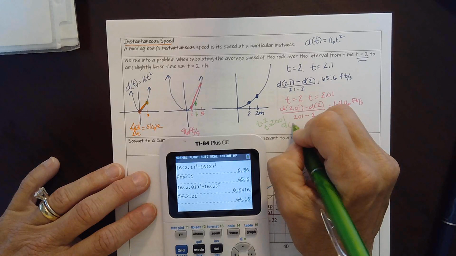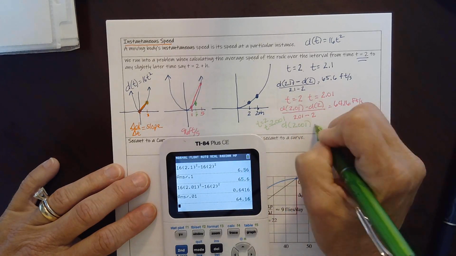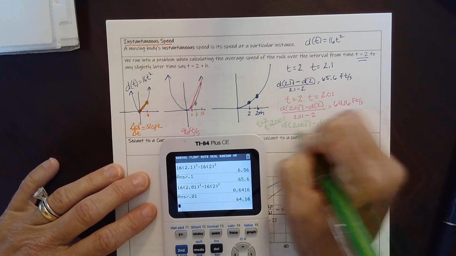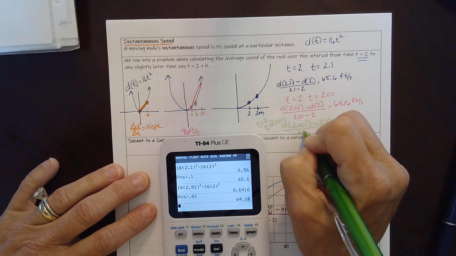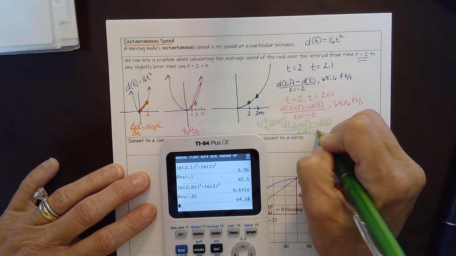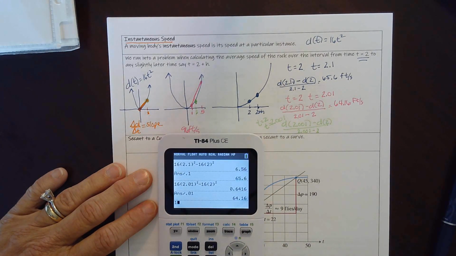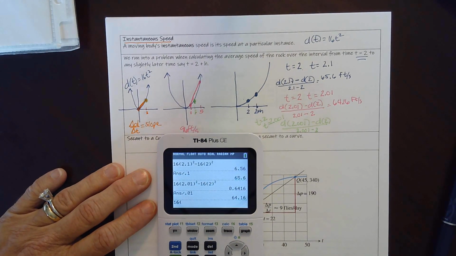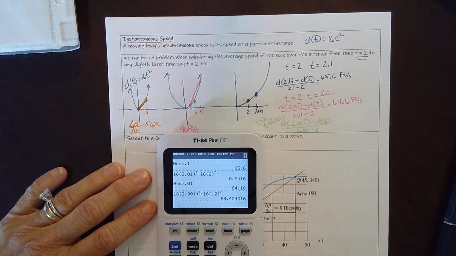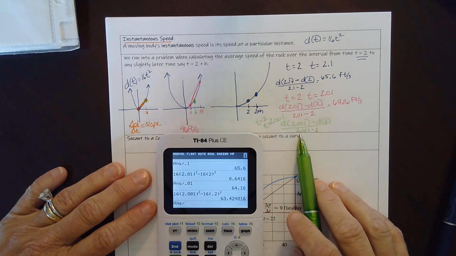So that would be d of 2.001 minus d of 2, divided by 2.001 minus 2. So going back to my calculator, 16 times 2.001, square, minus 16 times 2 squared, and I enter.